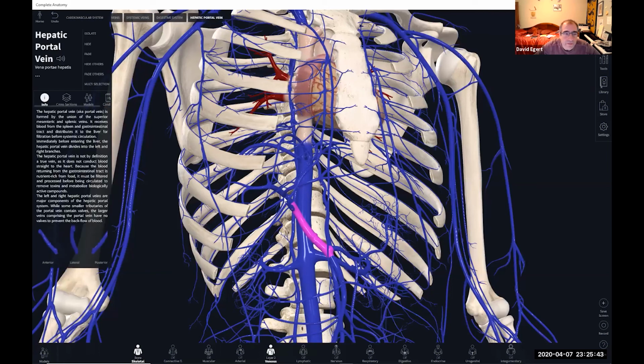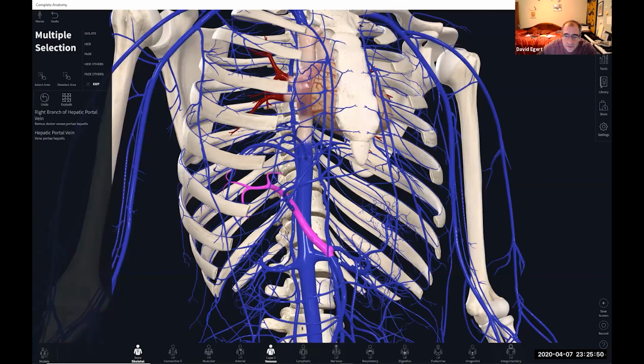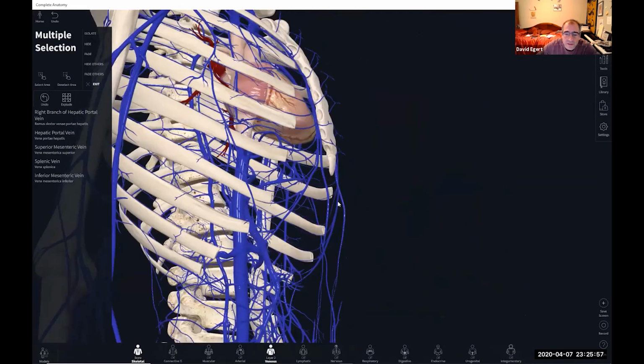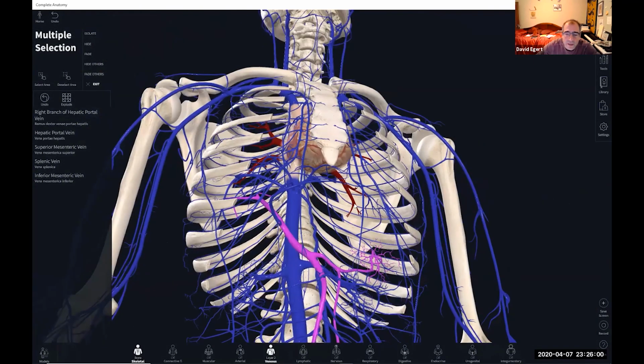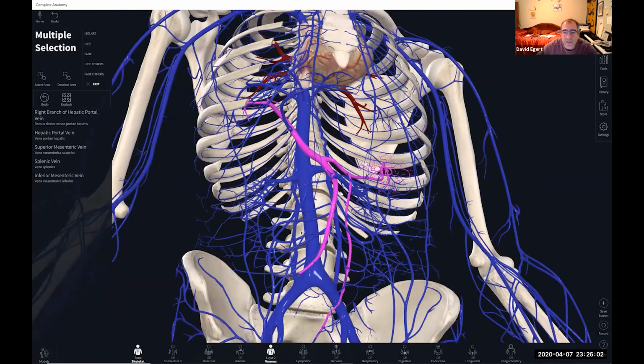This thing here is the hepatic portal vein. I'm kind of trying to illustrate it here. It's kind of just floating in space. Basically, this side here that I'm moving the mouse around in is where all of the capillaries from your intestines and stomach are draining into.